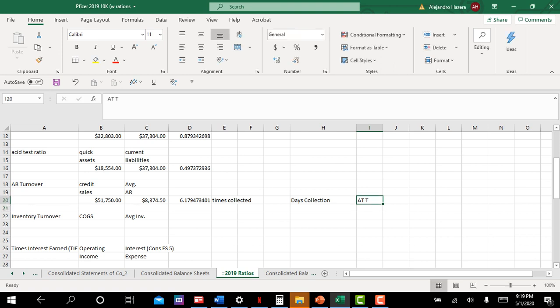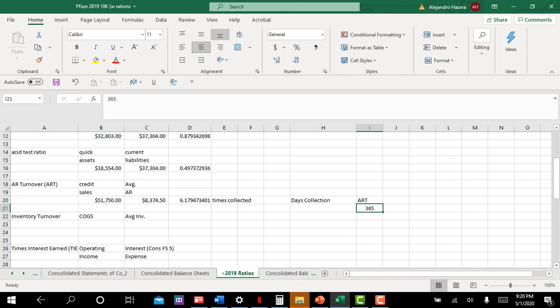ART stands for accounts receivable turnover. And we're going to take the accounts receivable turnover and divide it by the number of days in the year. Let's just use 365 as a rule of thumb. That's the days in the year.